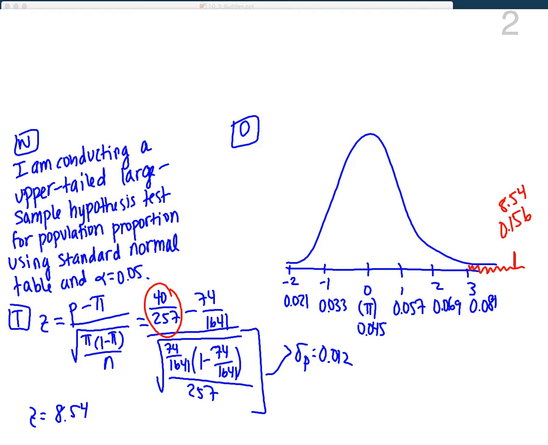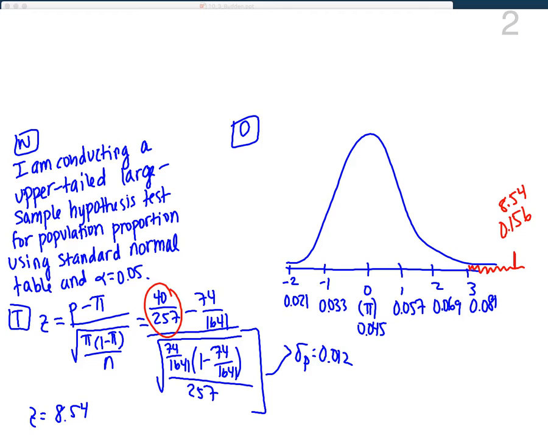The 0.156 comes from her death rate. The 8.54 is the z-score that goes along with it. So this means 15% of her patients died when she was on shift. That is pretty bad.